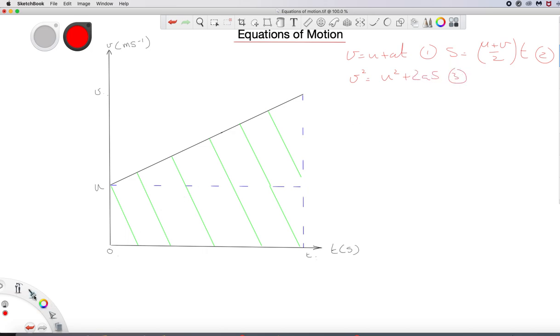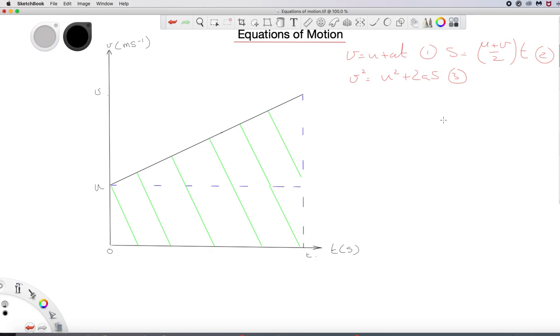Now, let's get an equation that has s, u, a, and t in it. So, no v.